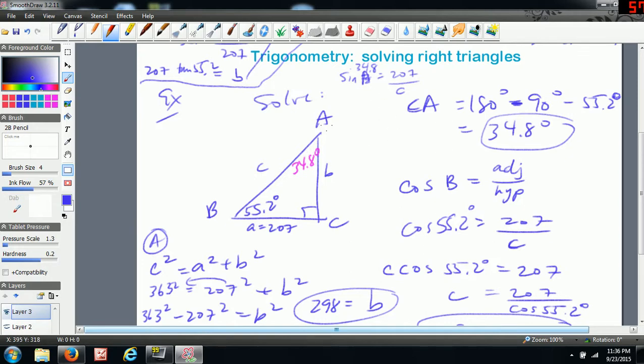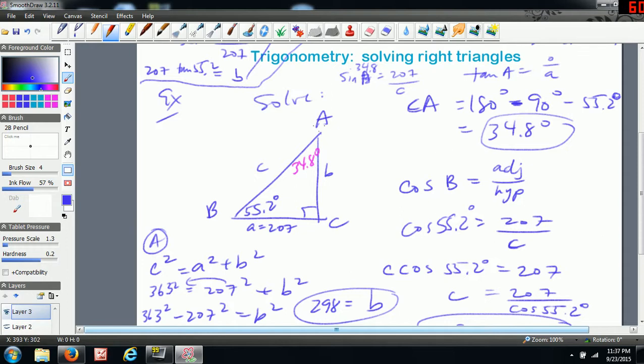And if I wanted to use angle A to find B, side B is adjacent to A. We want to use side A because that's given. So opposite over adjacent, that would be tan of A. So we want to use the side that's given, so we want to use this.